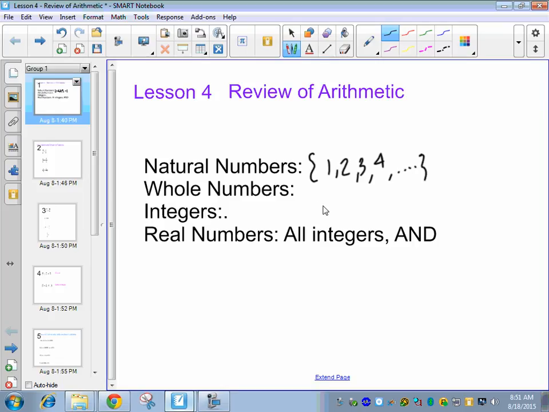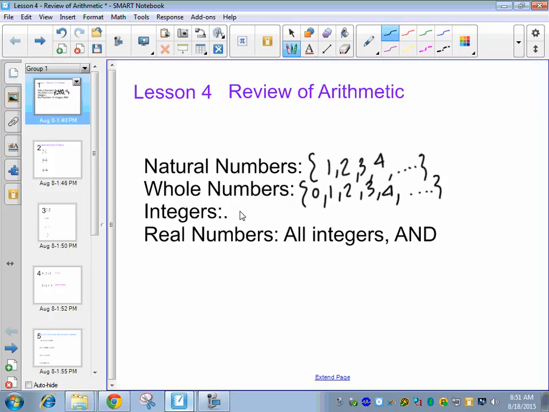Just keep counting forever. How about the whole numbers? There's one number different. Anybody know what number gets added? Yeah, perfect. We'll do it again. 0, 1, 2, 3, 4, ... forever. Pretty good?